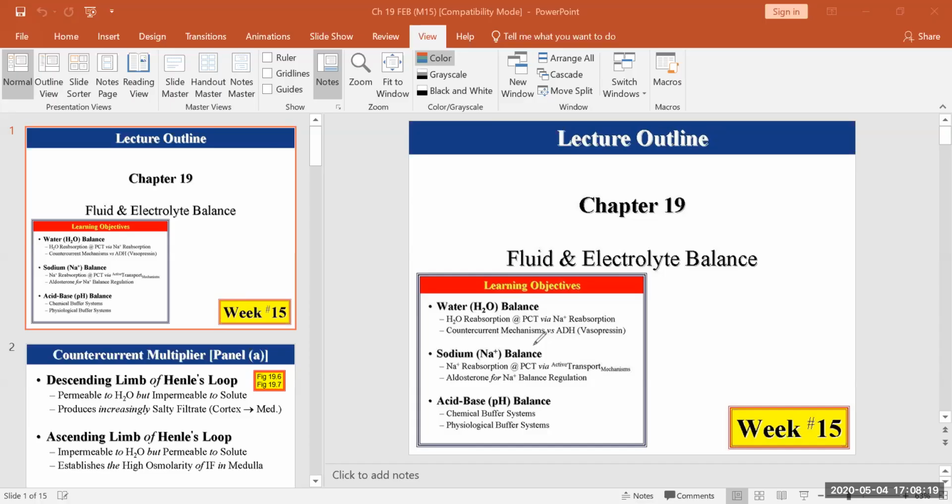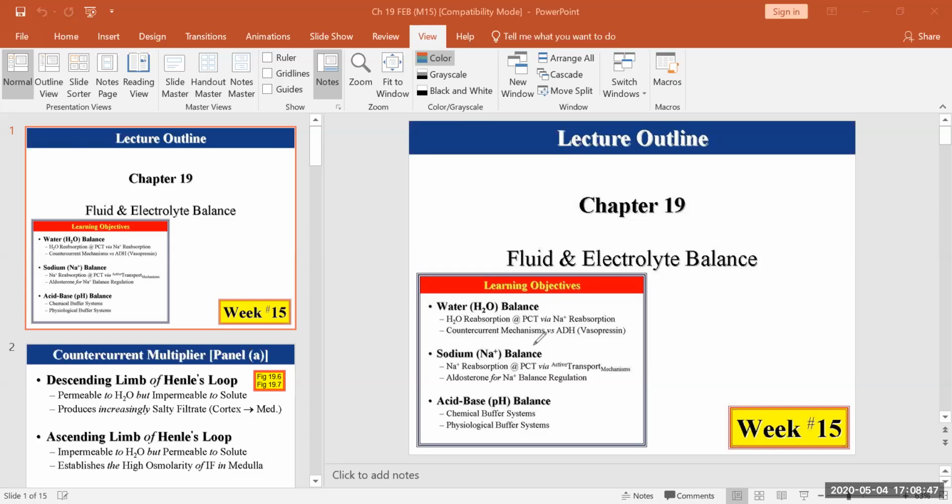And that's on the menu today, talking about this fantastic mechanism that we call the countercurrent mechanism. It is at the disposal of the kidneys, allowing the kidney to literally concentrate our urine to retain water under scenarios where you are being dehydrated.